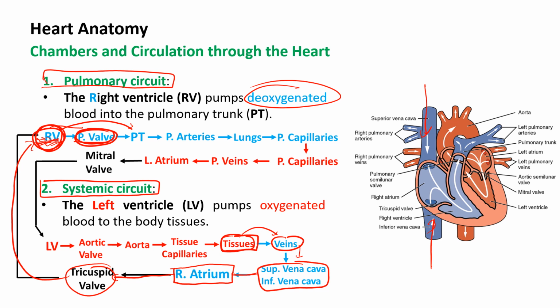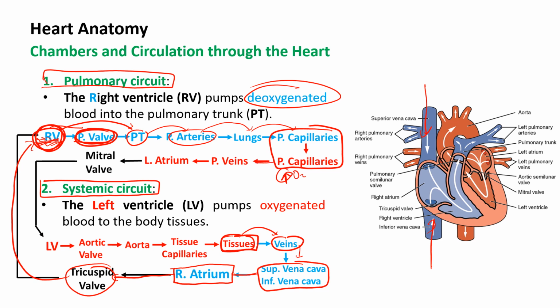Then the blood from the pulmonary trunk will go to the right and left pulmonary arteries, then from the pulmonary arteries towards the lungs. Once the blood gets into the lungs, into the smallest capillaries, this is when the gas exchange occurs, and then the blood, because we're in the lungs, gets oxygenated. Okay, so now the blood is oxygenated, and it is going to return to the left side of the heart.